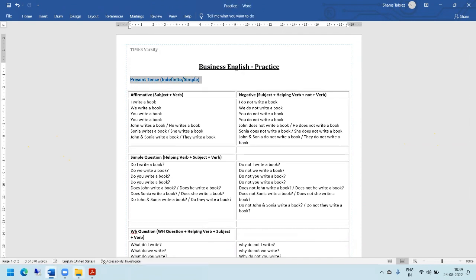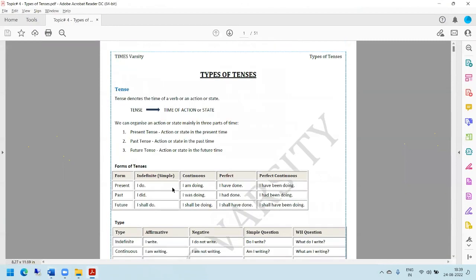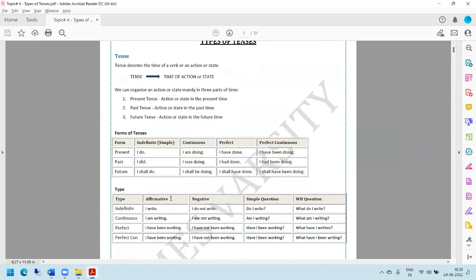So as you can see here, we have just discussed only present indefinite. Then we will discuss present continuous, present perfect, present perfect continuous. In present indefinite, we have affirmative, negative, simple question, and WH question. This is what we discussed.